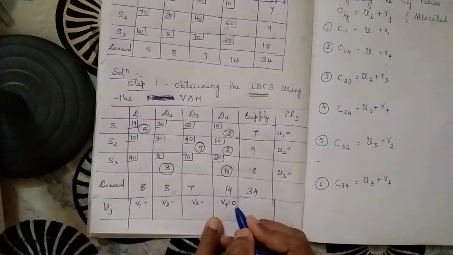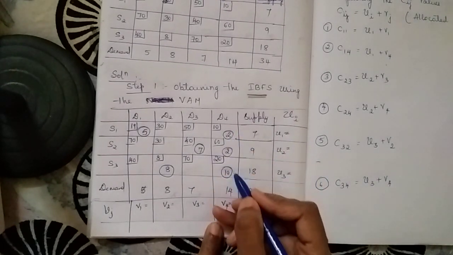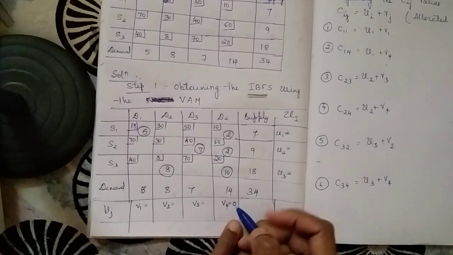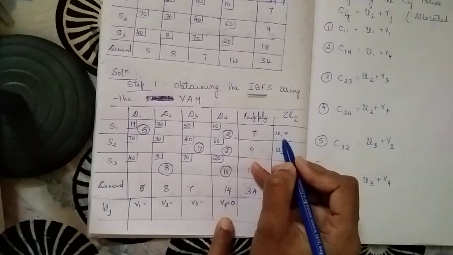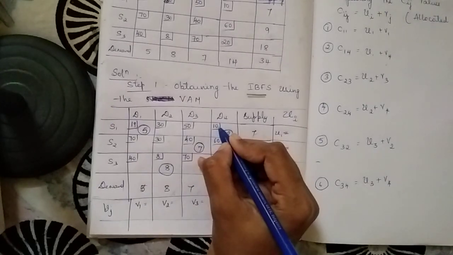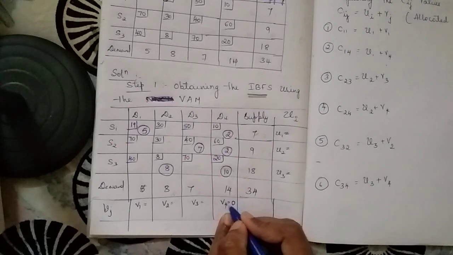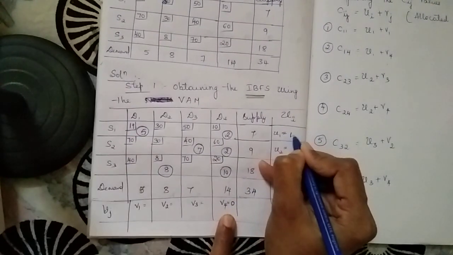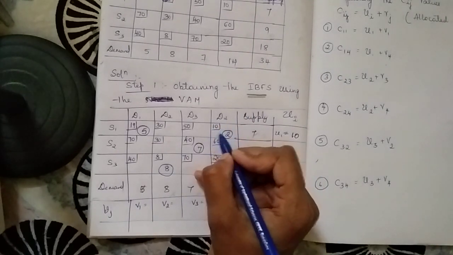Now for every allocated cell, you have to take up the values of ui and vj. Here v4 is 0 and we take up the costs which are there. So 0 plus 0 will be equal to 10? We have to equate the cost here.